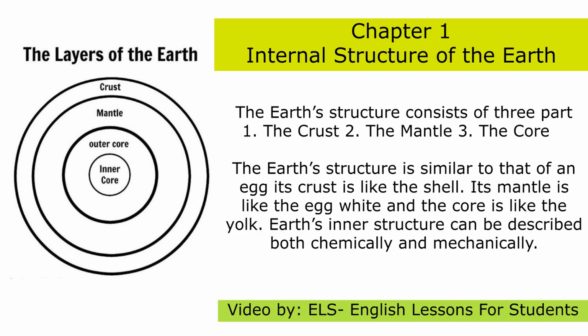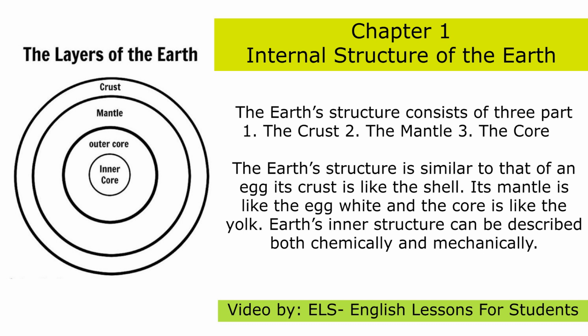The earth's structure consists of three parts: the crust, the mantle, and the core. It means the earth consists of three parts. Students, the earth's structure is similar to that of an egg.